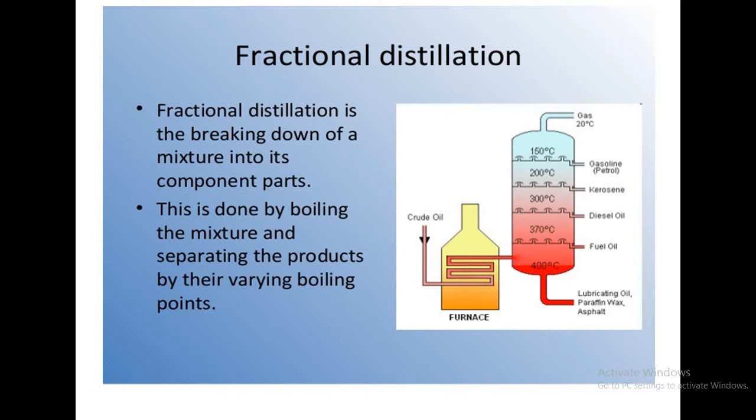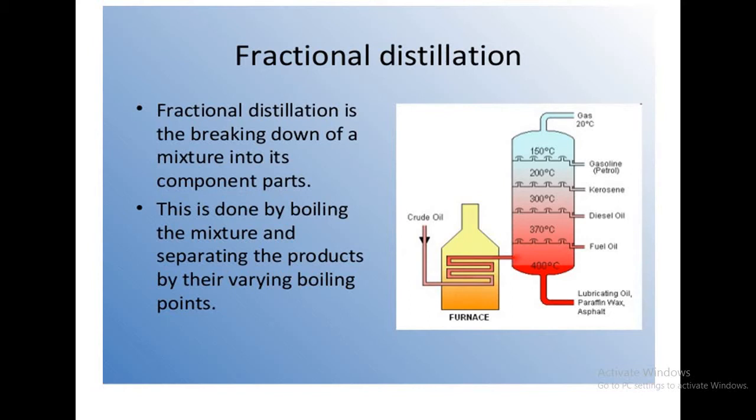How can we separate them? That is done by boiling the mixture, and the components are separated on the basis of their difference in boiling point. And these products of fractional distillation are further used, as we'll talk about the fractional distillation of petroleum and where and how we can use its different components.